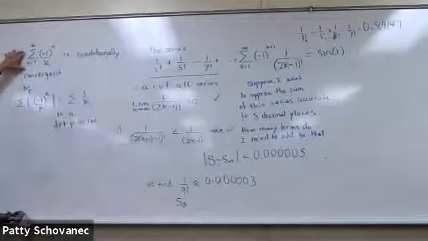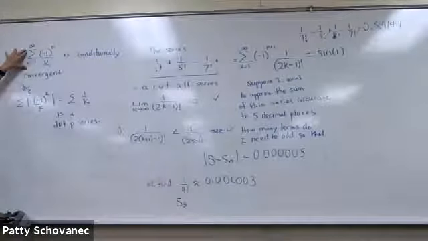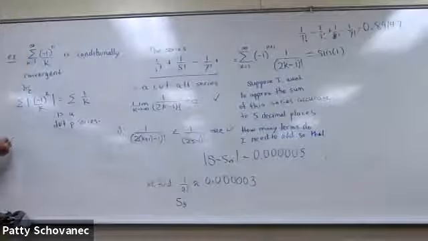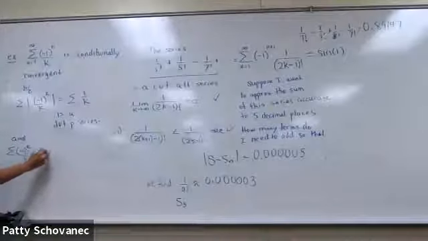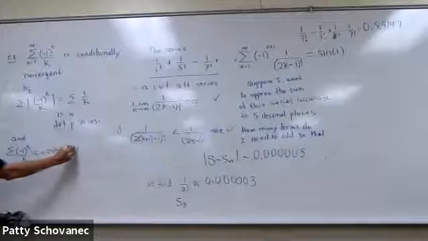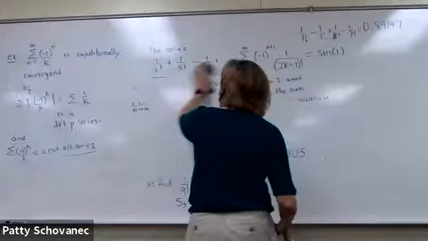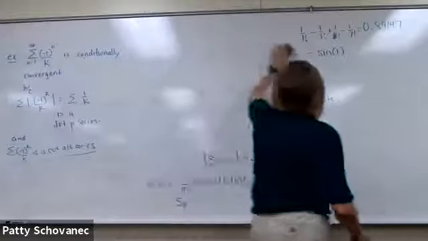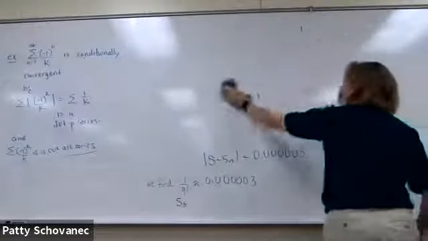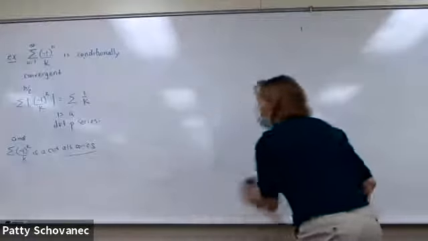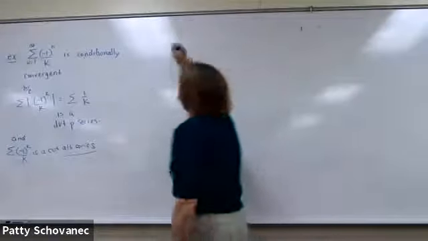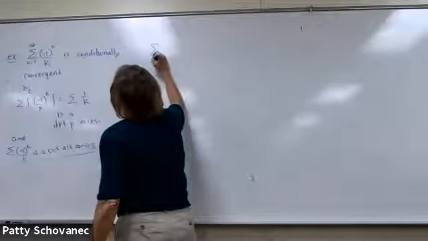And we showed earlier with an example that this satisfied the two steps of the alternating series test. So that's an example of something that is conditionally convergent. This is an example of something that is absolutely convergent.